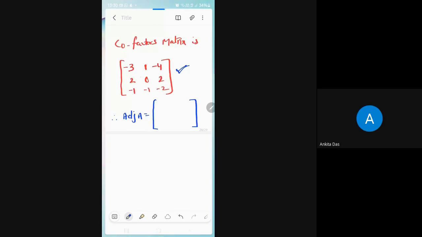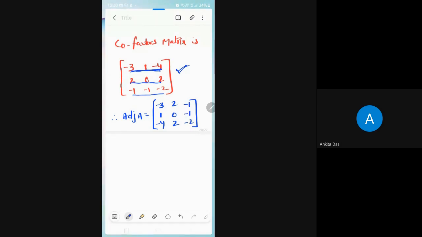In the cofactors matrix, we have the first row, that is minus 3, 1, minus 4. We need to write that as the first column in the adjoint, that means minus 3, 1, minus 4. Similarly, the second row 2, 0, 2, we need to write as the second column 2, 0, 2. Now the third row, we need to write as a column, that means minus 1, minus 1, minus 2.